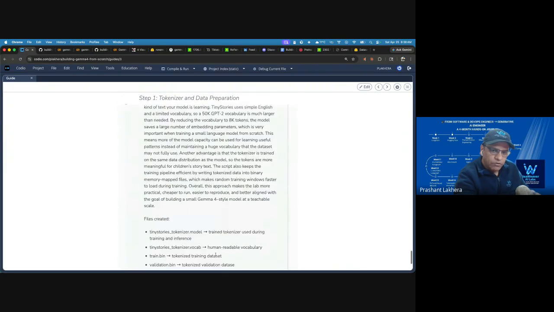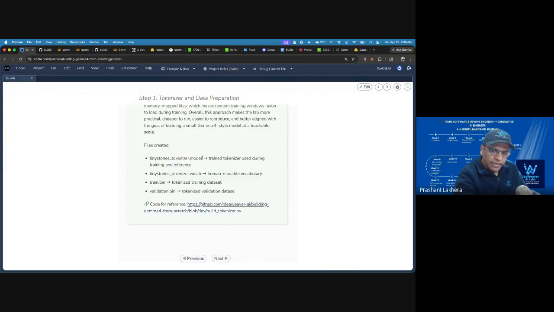The same thing we are doing here, except the script itself is going to create that tokenizer file. It's going to create one more file, which is a human-readable one. On top of that, it is going to create train.bin and validation.bin. All the logic is already embedded inside the script. So let me show you how this tokenizer vocab file looks.